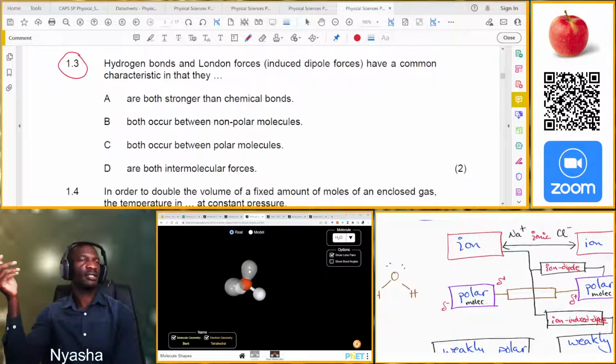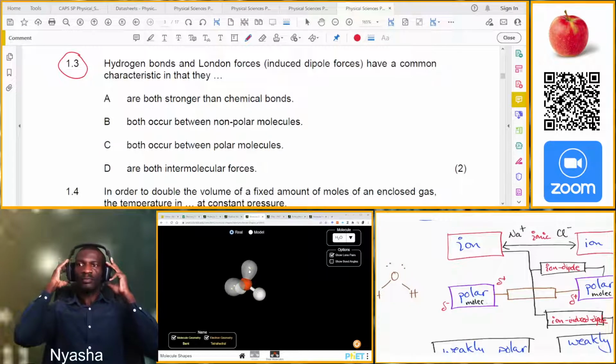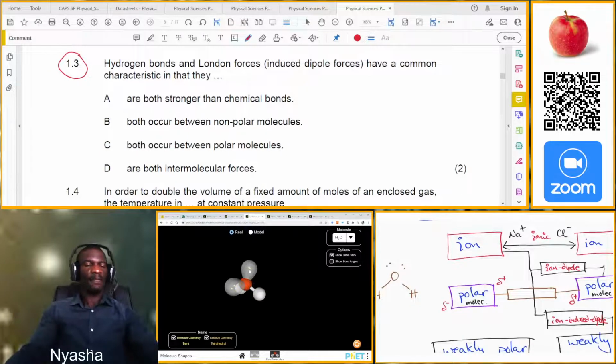How many electrons do we have in the shell? I guess you can figure that out. So we have these two lone pairs and we have these two bonds.